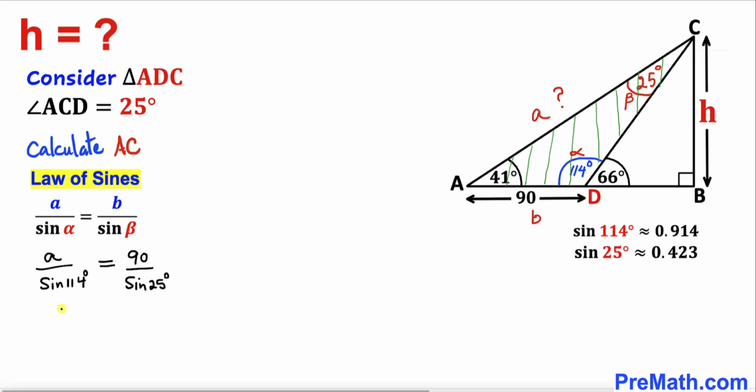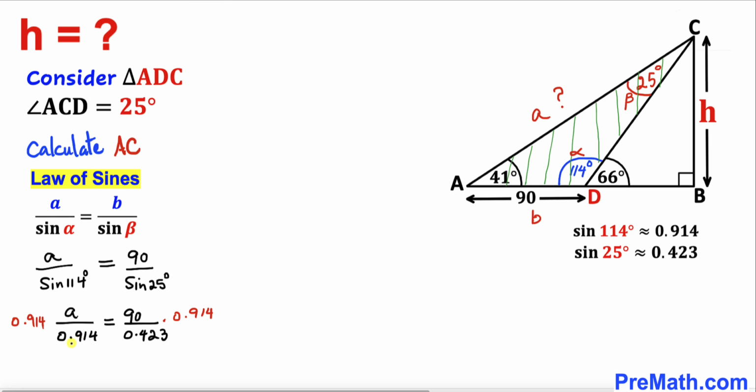So therefore I can write A divided by 0.914 equal to 90 divided by 0.423. Now let's multiply both sides by 0.914 on the left hand side and 0.914 on the right hand side to isolate A.